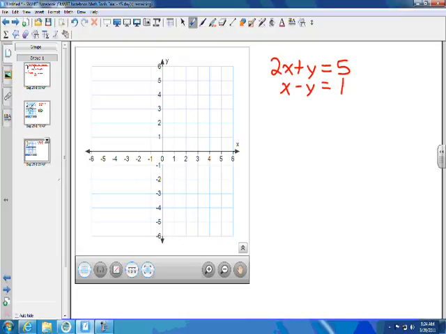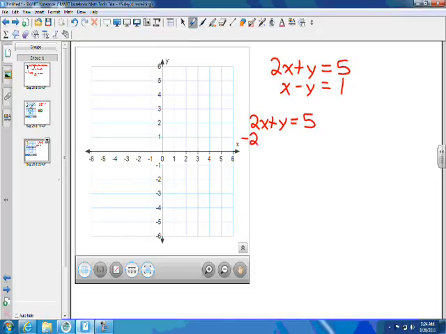Yeah, so you take both of those equations separately and you solve them for y. So you could copy that first one over here and solve that one for y. What would you have to do to solve that one for y? Move the 2x. How do we do that?